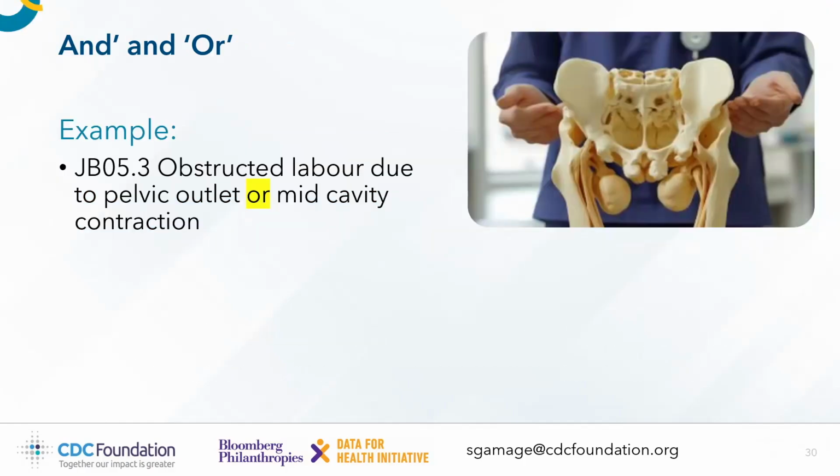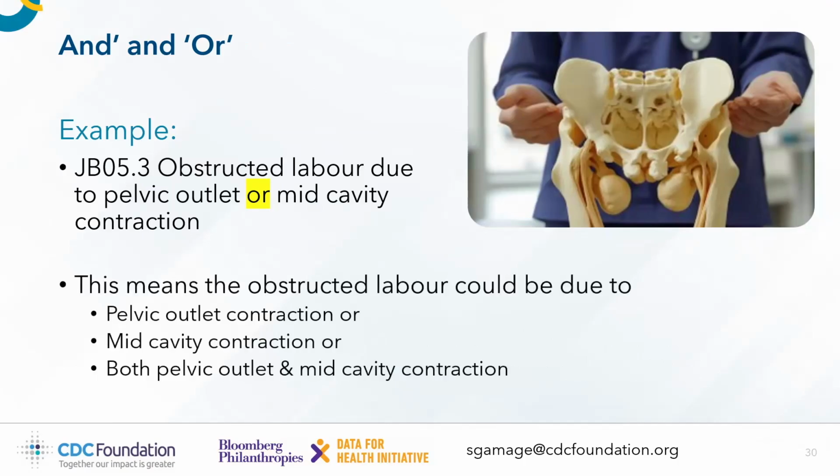Another example, JB05.3, obstructed labor due to pelvic outlet or mid-cavity contraction. This means the obstructed labor could be due to pelvic outlet contraction or mid-cavity contraction or both pelvic outlet and mid-cavity contraction.